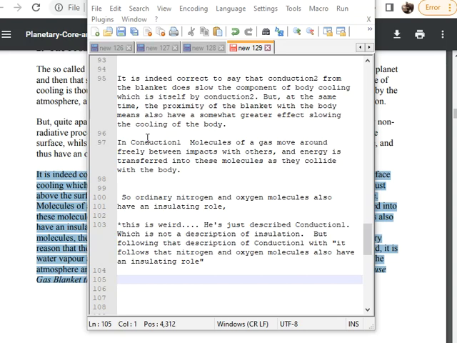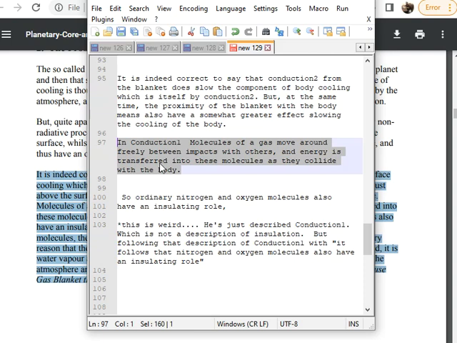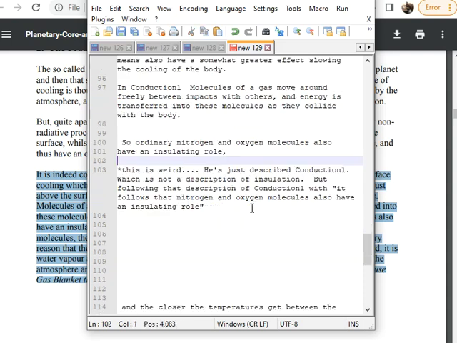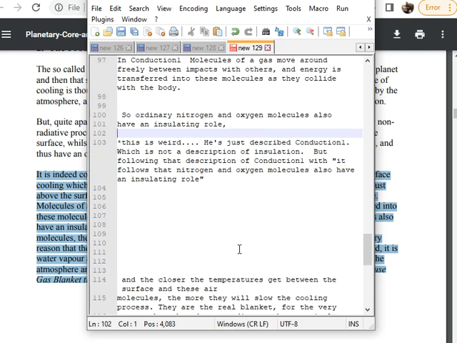So here, in conduction 1, molecules of a gas move around freely between impacts with others, and energy is transferred into these molecules as they collide with the body. And that is not done by nitrogen and oxygen, or not very much.